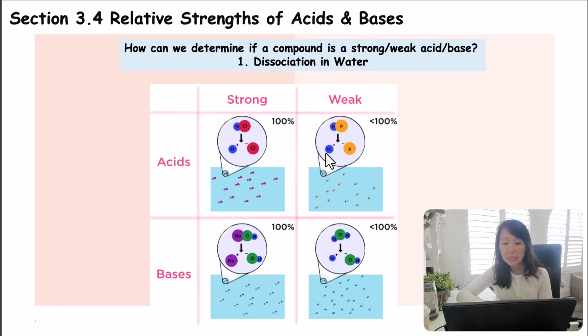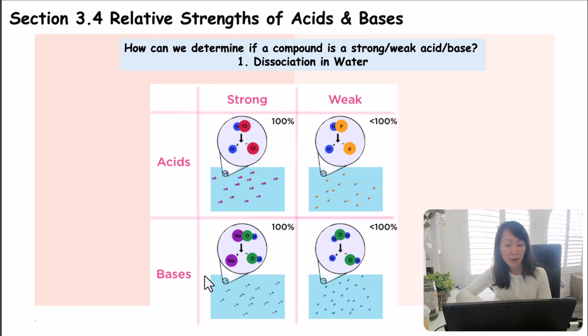If only some has broken apart, but some hasn't, so less than 100%, maybe 50%, maybe barely any has broken apart in water, then we consider that particular acid weak.